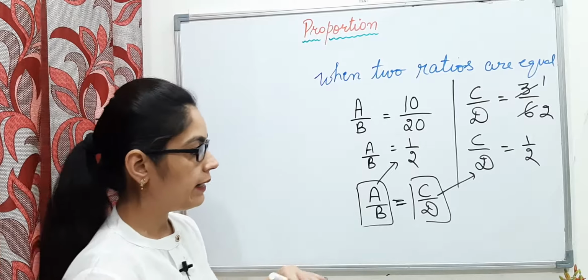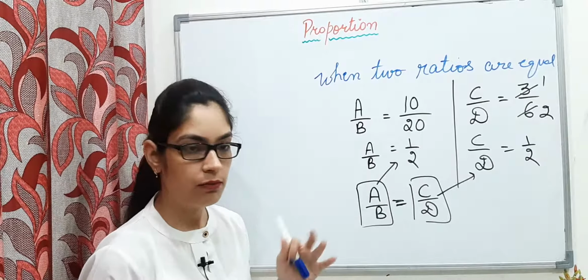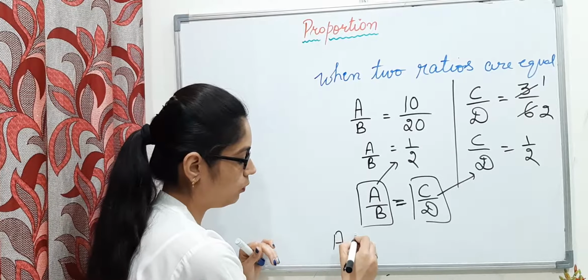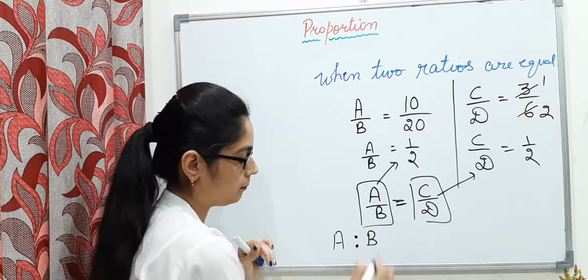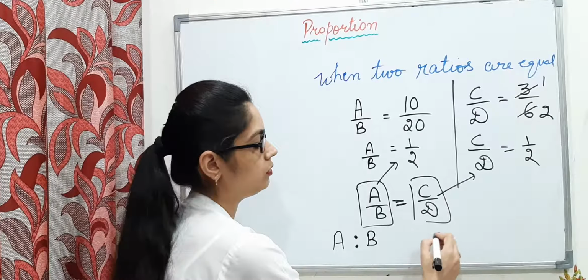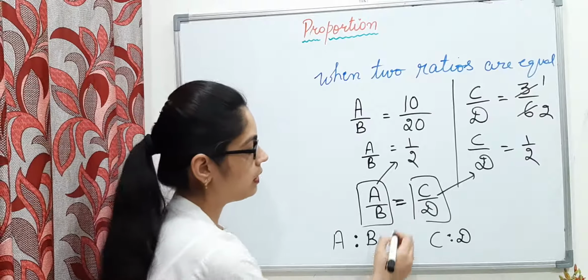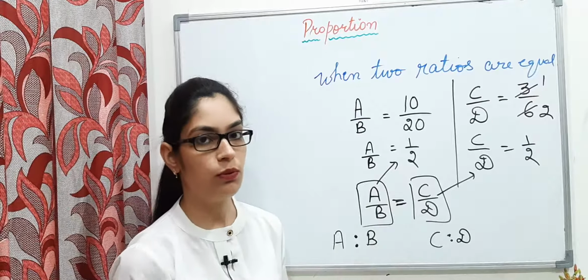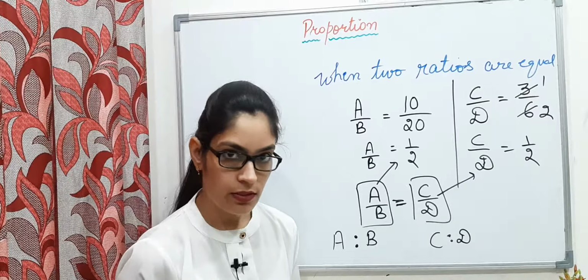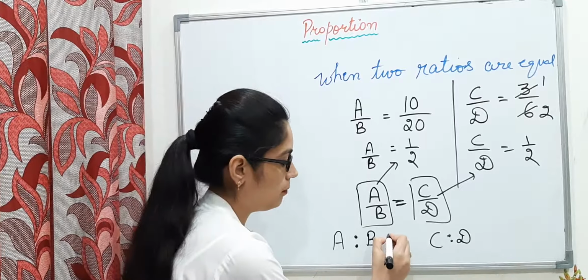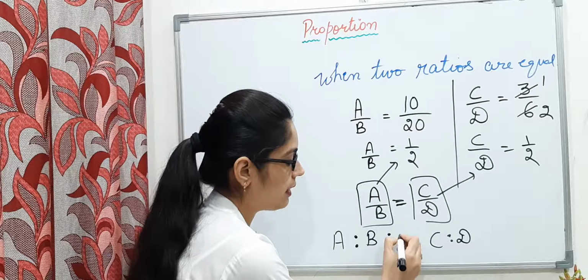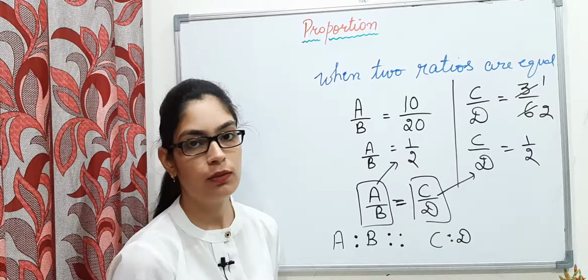Now how to write it? A ratio, I have already told you, is written with two dots. A is to B and this also C is to D, pronounced is to. The sign of equal to we will use while doing the exercise questions, but proportion is written with the sign of proportionality, double dots.